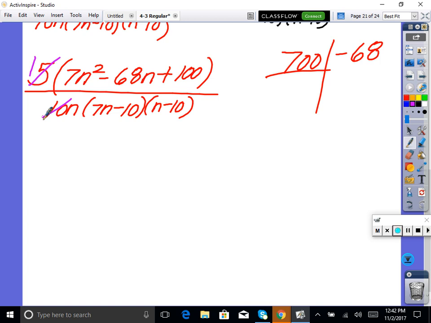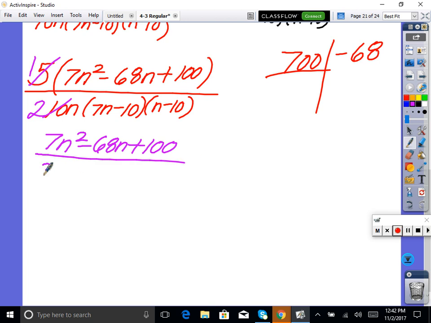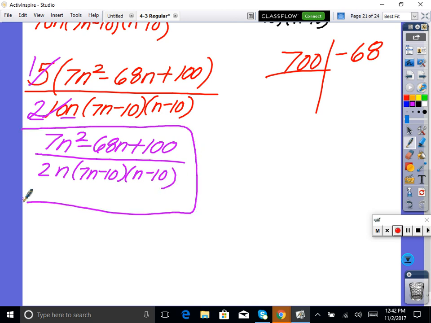But do you see how this is just one last step? Okay, my final answer is 7n squared minus 68n plus 100 all over 2n, 7n minus 10, and n minus 10. And we are done. So this is literally just combining so much into one problem.